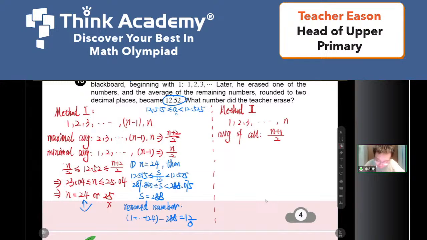If we remove one number from them, what's the change of the average? It will just be a very slight change, right? Each number is very close, and we just removed one. So we remove one number from an arithmetic sequence, and the average changed only a little.